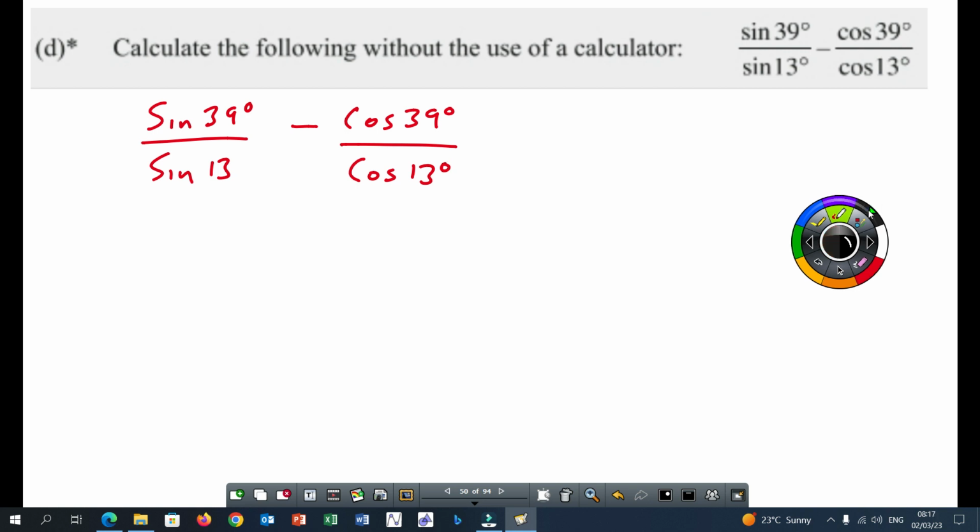You have to find the LCD first. The LCD will be the product of sine 13 degrees and cos 13 degrees.